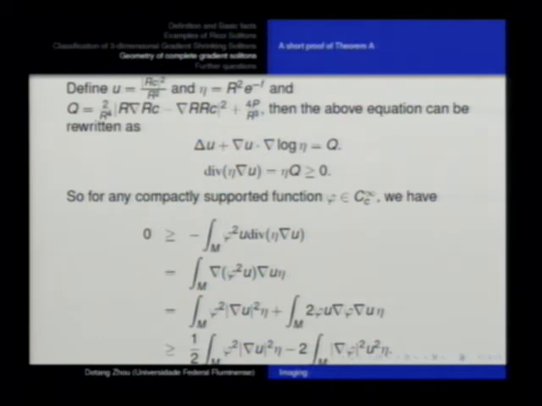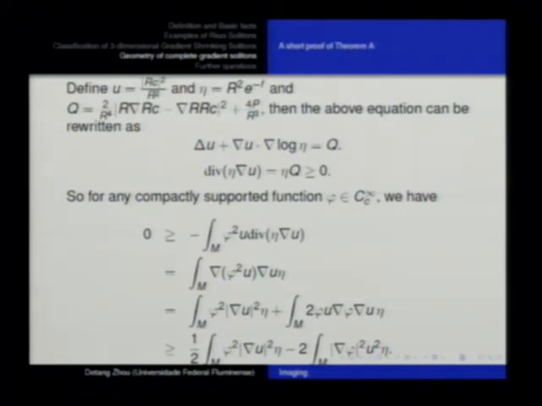What does this term mean? If you put this negative term on the other side, that means this term is controlled by this term.